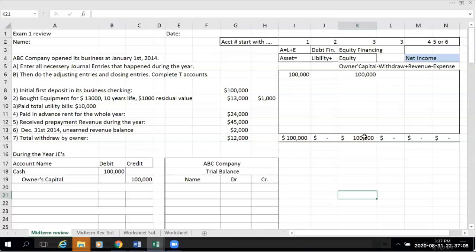Okay, listen, first of all, $100,000 came into business. Agree on that, yes or no? You might borrow that money. You might bring it from your own personal pocket into business.